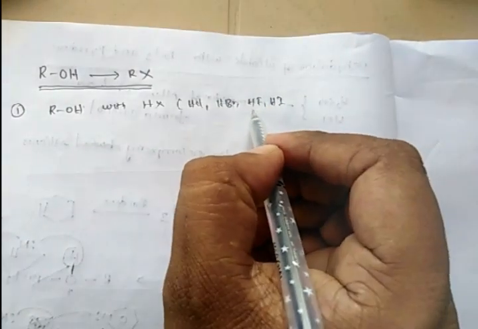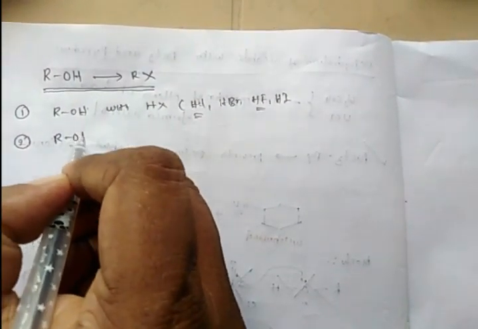Generally HF and HCl are not used for this conversion. So for conversion of an alcohol into an alkyl halide, we will use this HX, which is nothing but a hydrohalogen acid.